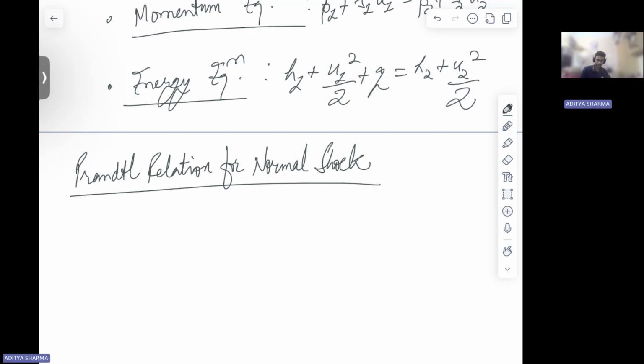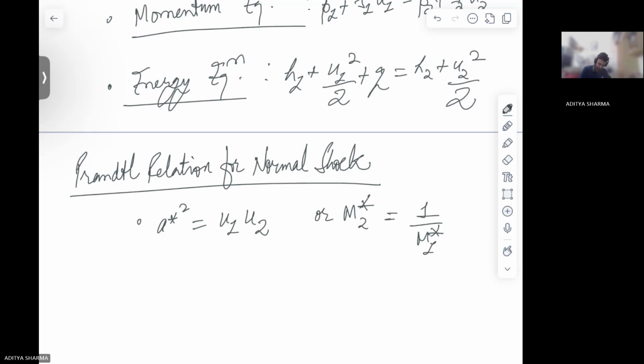It is like this: a star square is equal to u1 u2, or M2 star is equal to 1 by M1 star. So this is the Prandtl relation for normal shock.